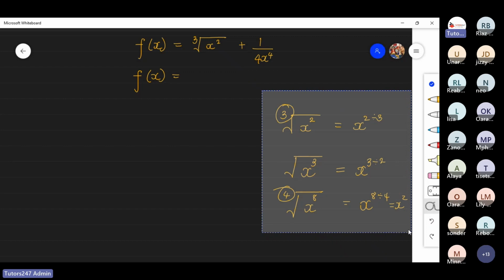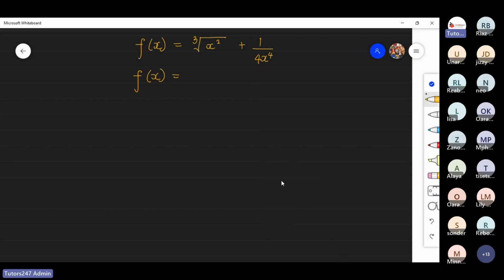So let us simplify the first term. The cube root of x squared becomes x to the power 2 over 3, plus. Now, in the second term, we're going to move x to the power 4 only. We are not moving the 4 to the top. We are only moving x to the power 4.